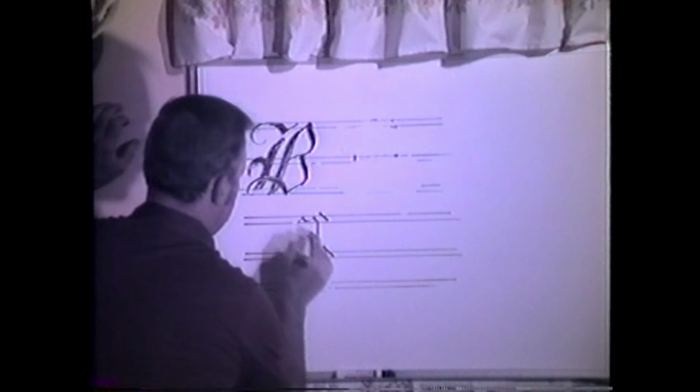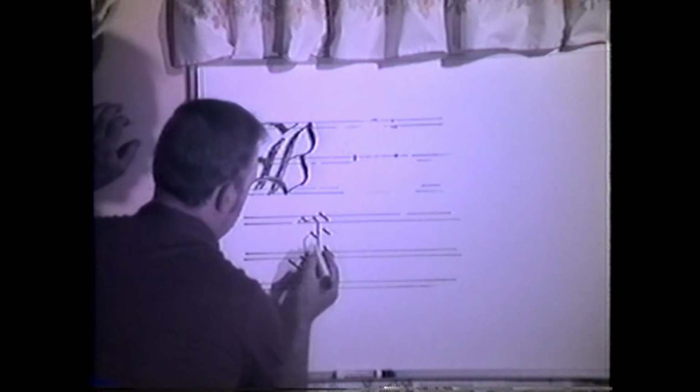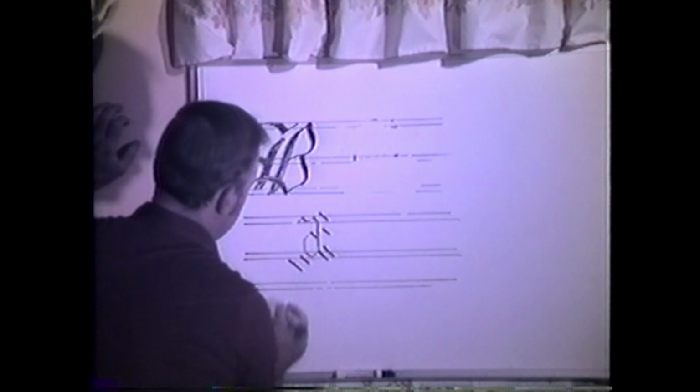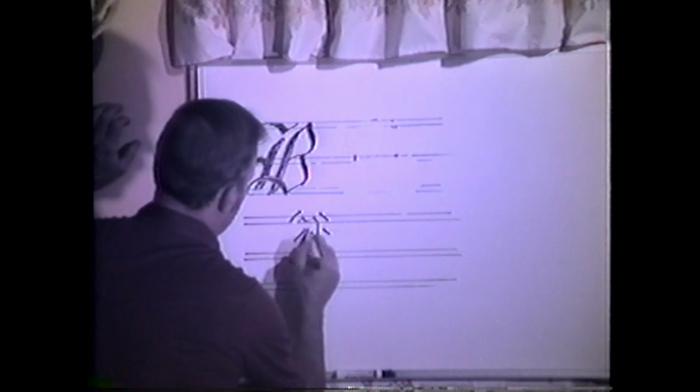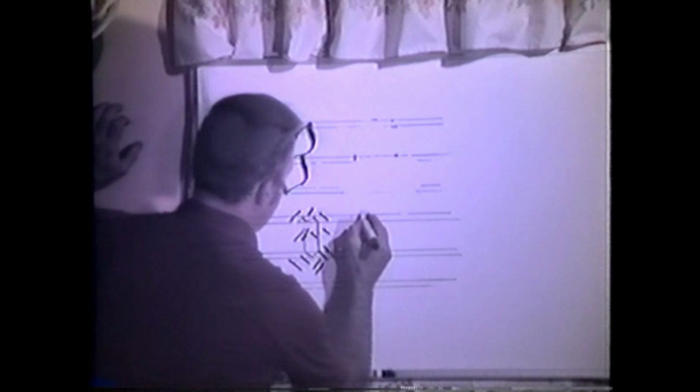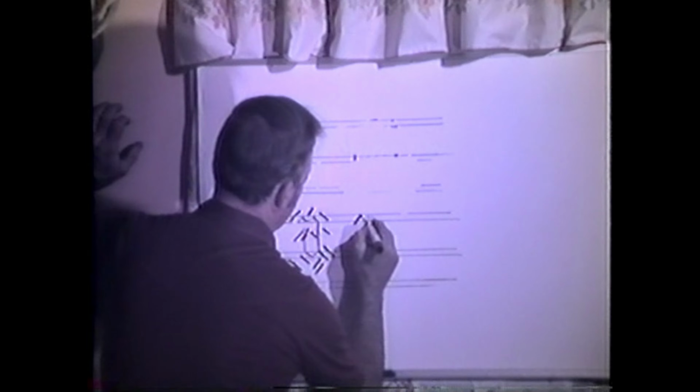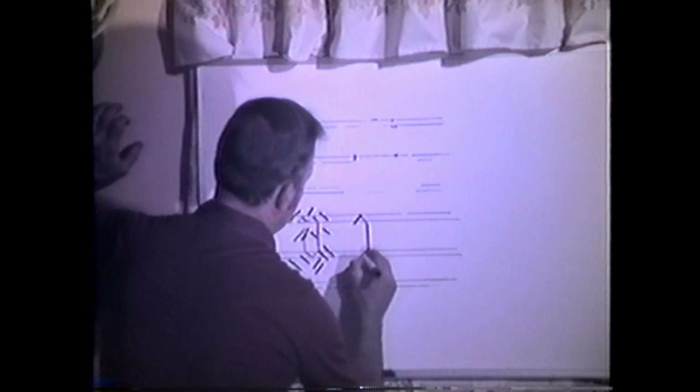And all the diagonals going that direction are all parallel. All the diagonals that are going this way are all parallel. So what we have here is a system of diagonal parallel lines. Each letter is done that way.